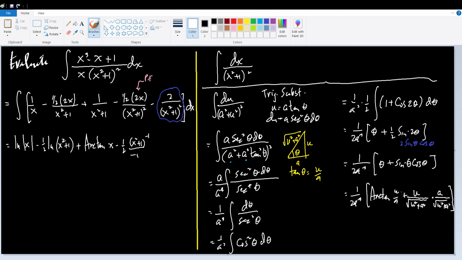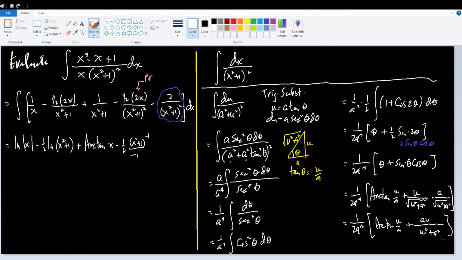There. It's equal to 1 over 2a cubed, arctangent of u over a plus u times a, which is au, all over the square root of u squared plus a squared times the square root of u squared plus a squared, which is u squared plus a squared.